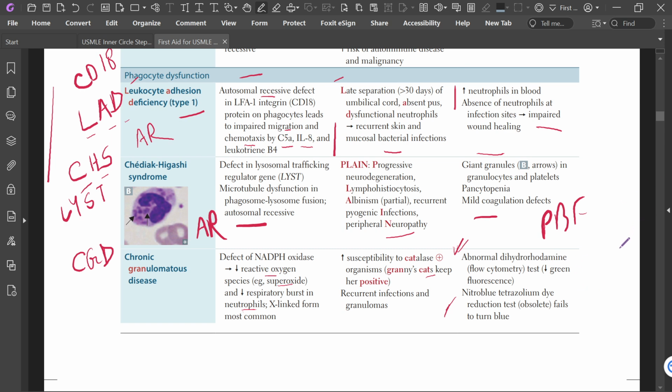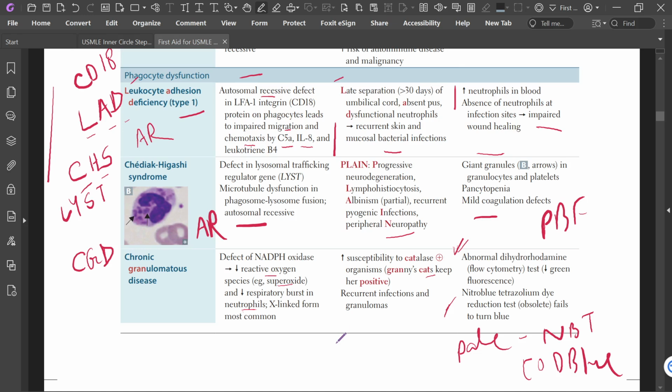In the presence of NBT, functional neutrophils produce reactive oxygen species, thereby converting the pale nitroblue tetrazolium to a dark blue formation that precipitates within the cell. There is no change in color in patients with CGD.